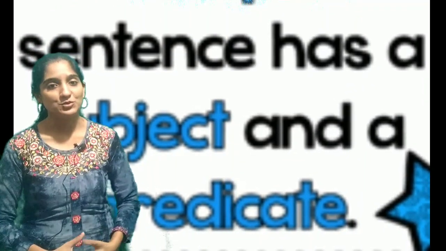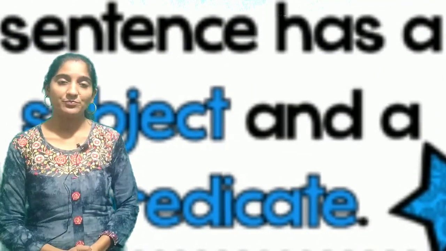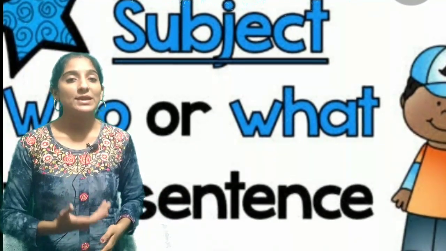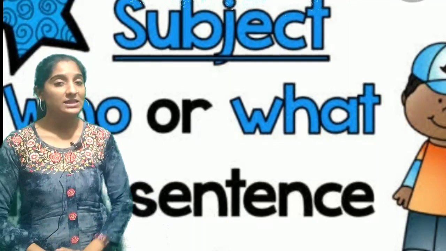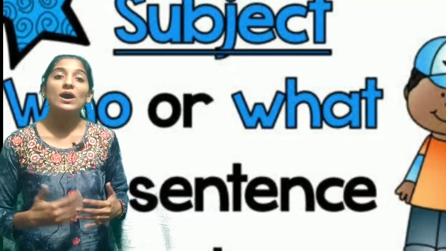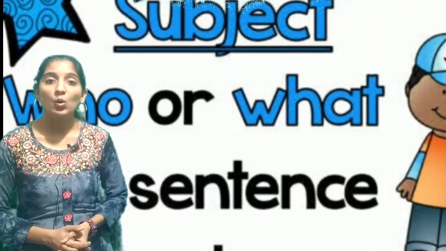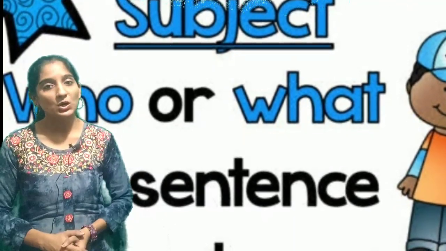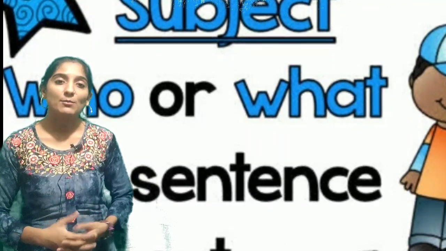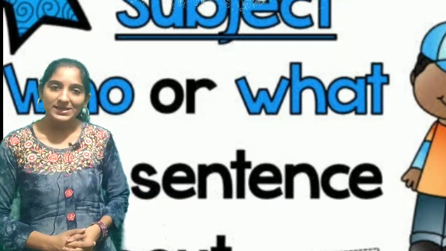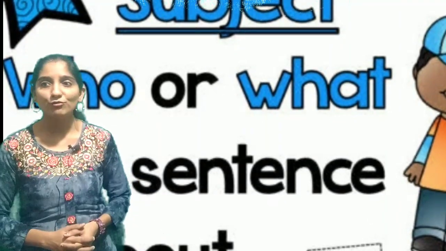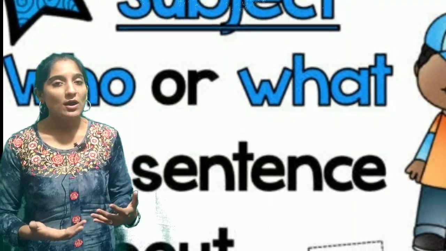So what is a subject? A subject tells us about the person, place, animal or thing that we are talking about. It also answers the question who, what, whom, etc. For example, you are my friend.